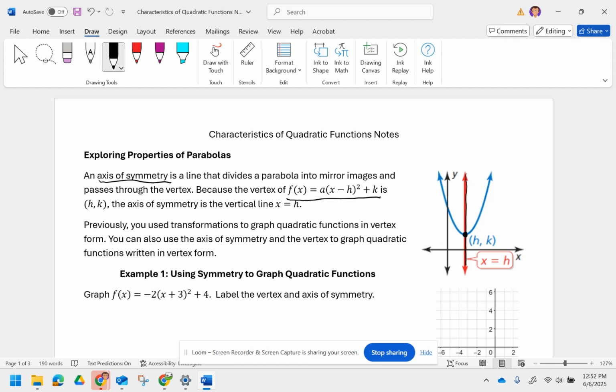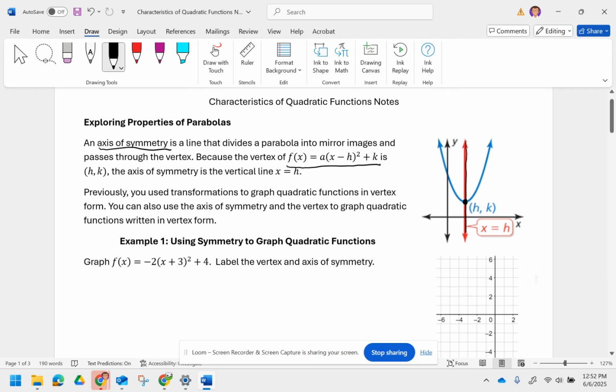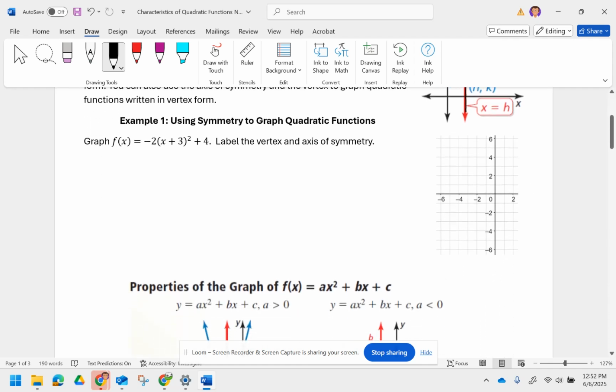So let's see how we can use this information to quickly draw the graph of a function. So here we have this function. I'm going to quickly draw the parent function of an x squared. So an x squared function is going to look about like that.